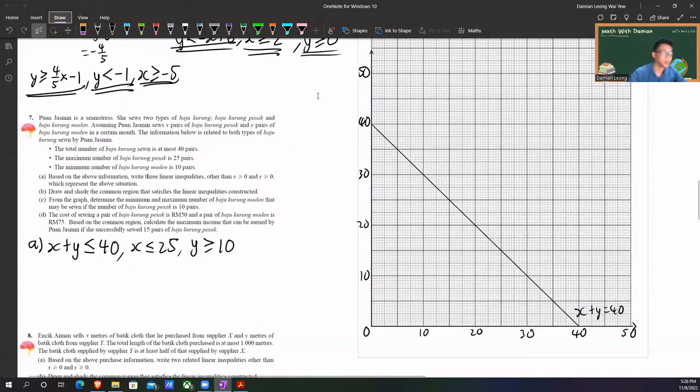Then I have x equals 25, x value of 25 here, vertical line. And y equals 10, horizontal line.